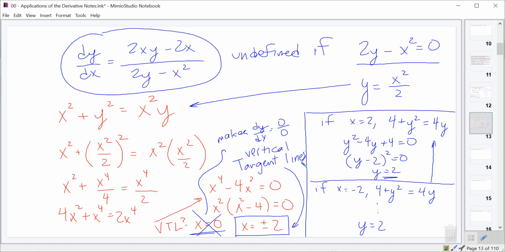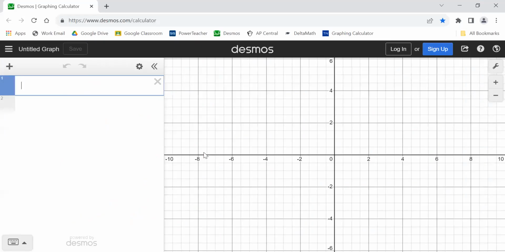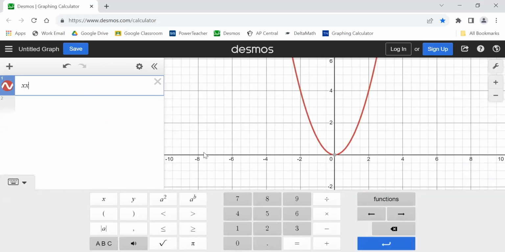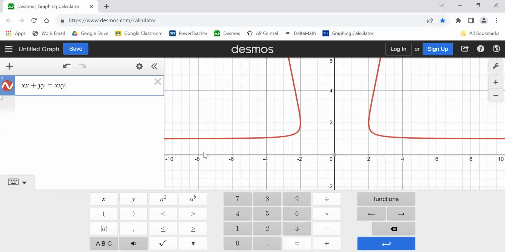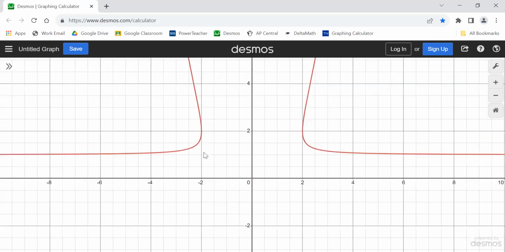So we'll take a quick second here, just because I think it's good for us to see what these graphs look like. We had x squared plus y squared equals x squared y. And if we take a look at that graph, we can see, first off, that it sure looks like at x equals -2 and x equals 2, we have vertical tangent lines.